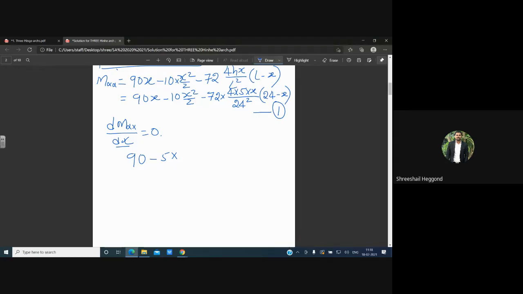The differentiation of x raised to n can be written as n into x raised to n minus 1. That was the differentiation basics. Using this basics only, x square can be differentiated as 2x. Minus the multiplication of 72, 4 and 5, is how much?